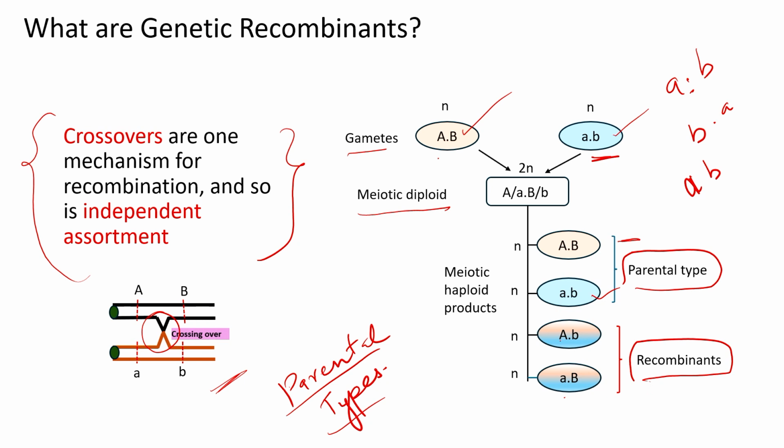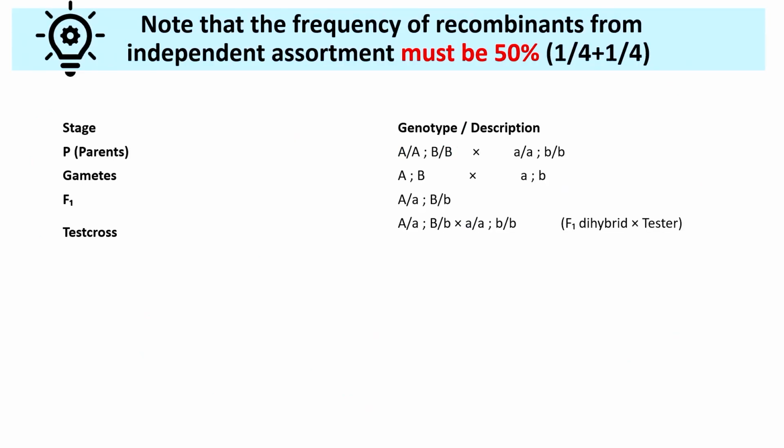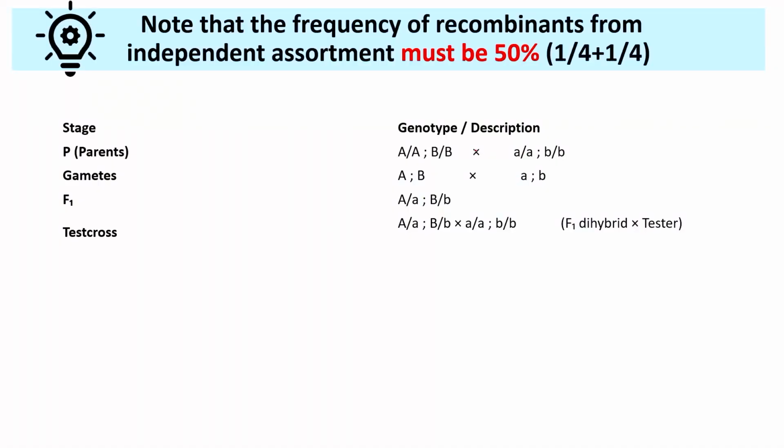One more thing important that you should pay attention to: how much recombinant type do we expect if genes are independently assorted, right? So this is something that we have to keep in mind very clearly, and that is why I have put this symbol here, and you will see it many times on the slides, where I want you to pay more and more attention to understand the concept well.